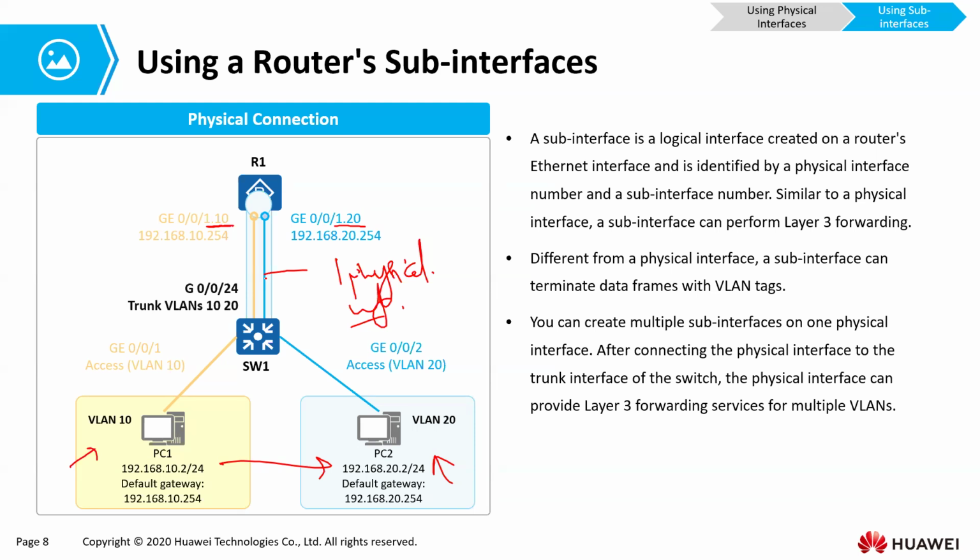With the physical interfaces, we have multiple physical interfaces creating multiple gateways. With this one, it's one physical interface with multiple sub-interfaces. So this one is a bit more scalable, because on one physical interface, we can create multiple sub-interfaces.